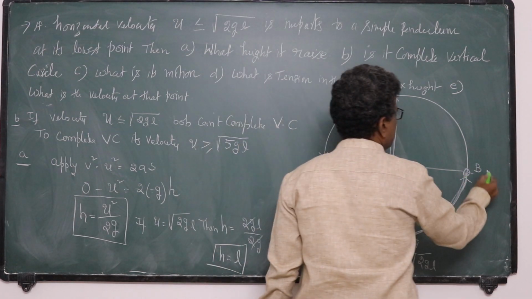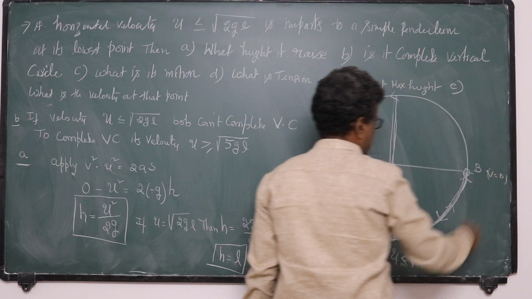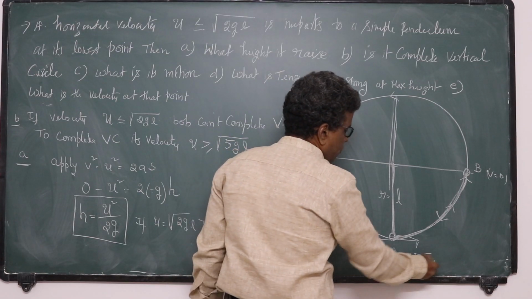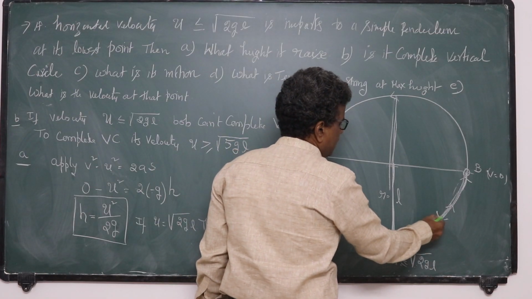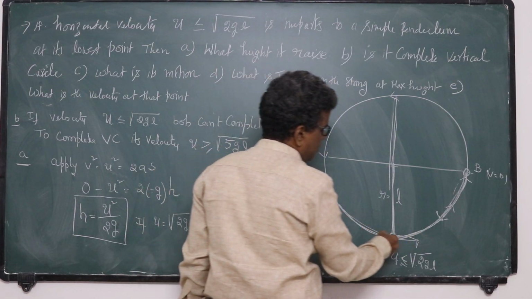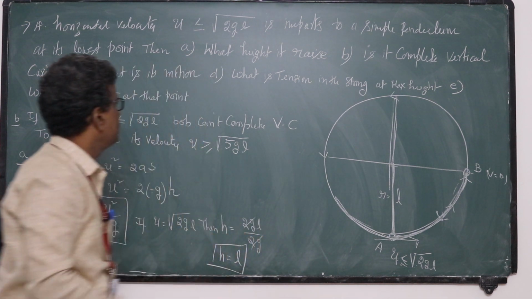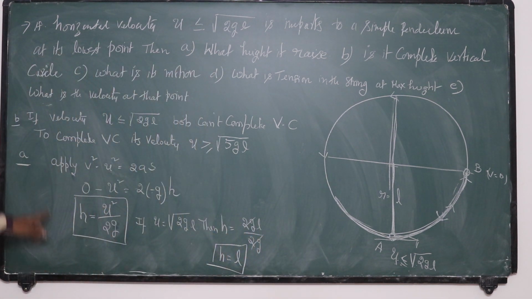So here the velocity u becomes 0, at maximum height. If it is less than root 2gL, it will rise somewhere here, and it will make oscillations like this, to and fro oscillations. So this is the answer for B.